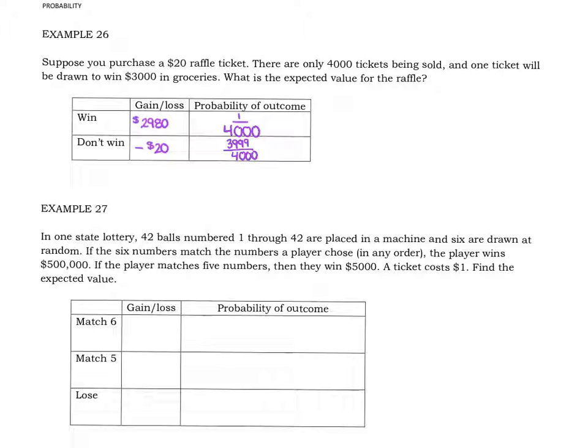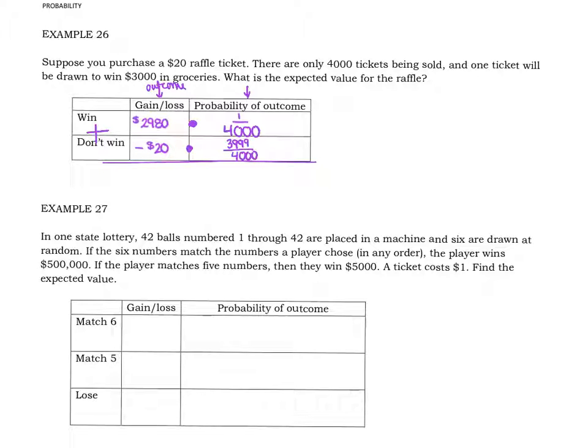So expected value is found by multiplying the outcome, which is the gain or loss column, by the probability of that outcome. We take the gain or loss, multiply it by the probability of the outcome, and add those results together.